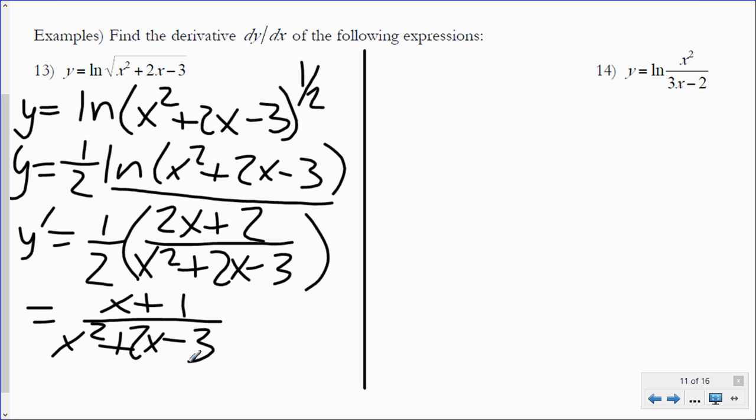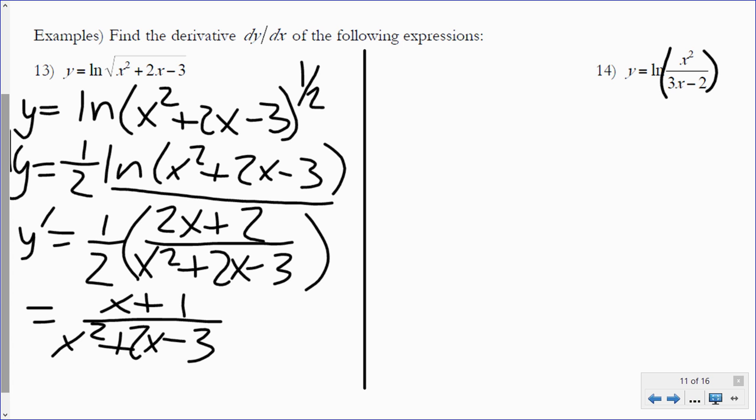Okay, number 14, this is natural log of x squared divided by 3x minus 2. So, you know, one way to do this would be to just jump right into the derivative, and it would be 1 over x squared over 3x minus 2, then times the derivative of that quotient, which would require a quotient rule.